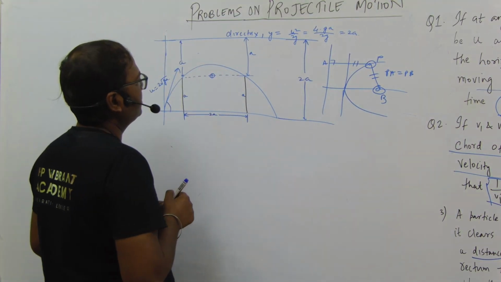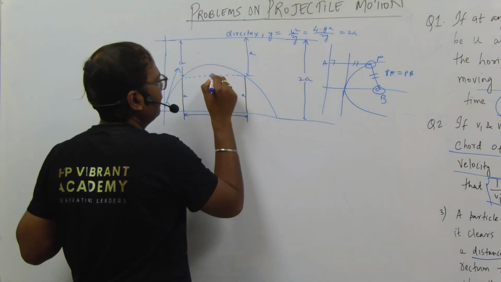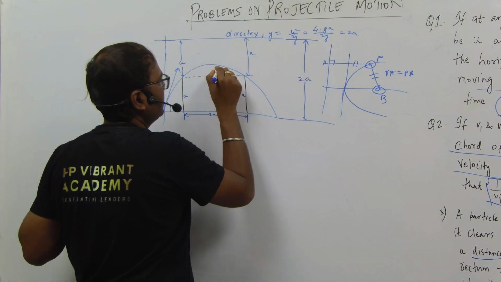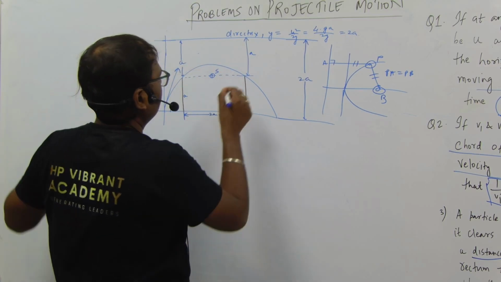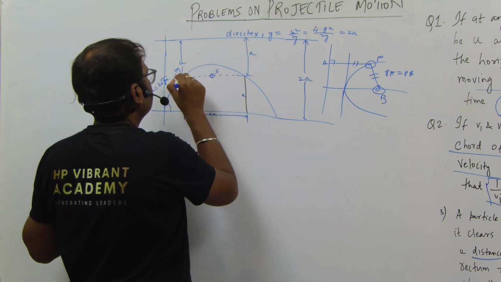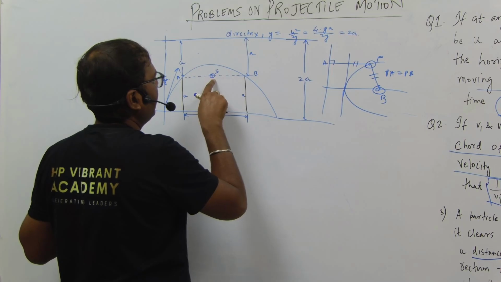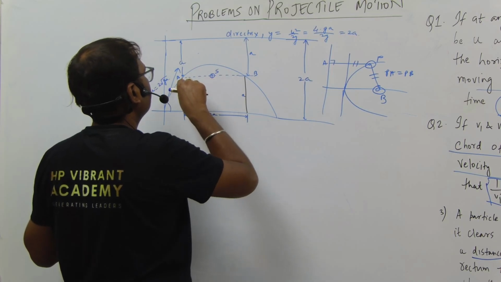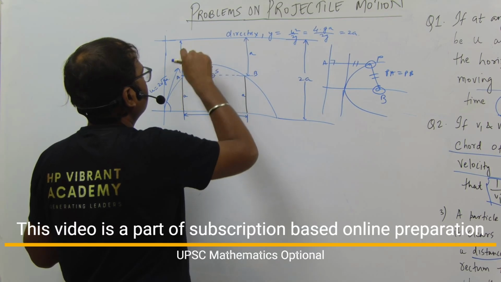Okay, so let us apply this concept here. Let us consider this point as S, so this point is the focus. Now let us take these points as A and B. The distance of point A from S is equal to the distance of point A from the directrix, which is a.